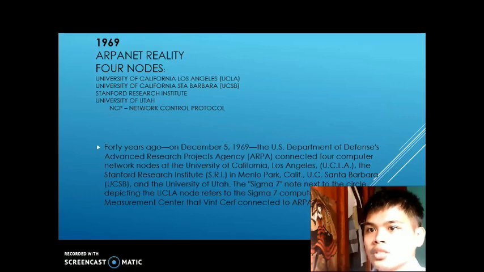Sigma 7 nodes next to the circle depicting the UCLA node refer to the Sigma computers at the UCLA Network Measurement Center. Vint Cerf connected to ARPANET.